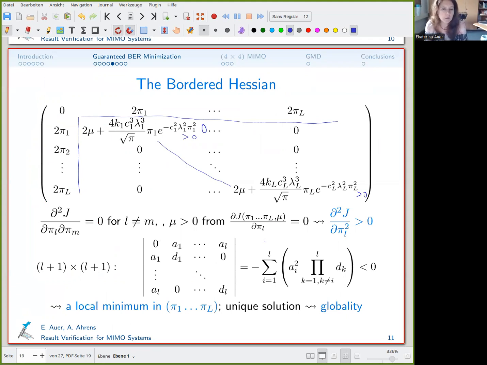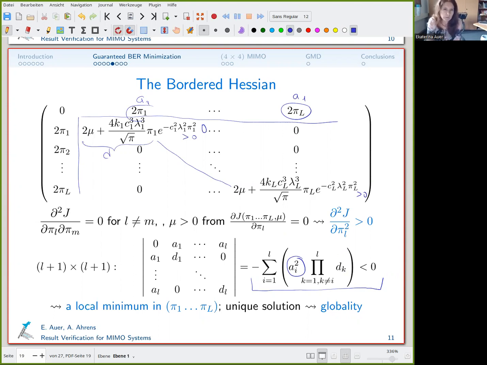Now, if you want to compute the so-called principal minors of this bordered Hessian, it can be shown that they all have this form, where this coefficient is positive, and this is something coming from the border. This would be A1, this would be AL, and those are our D's here.